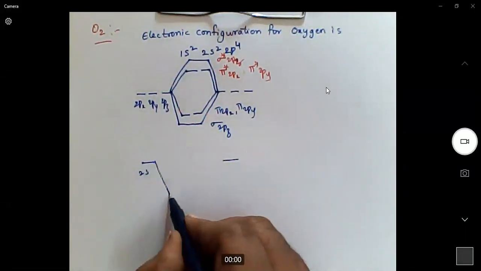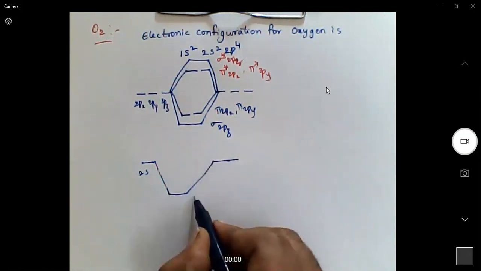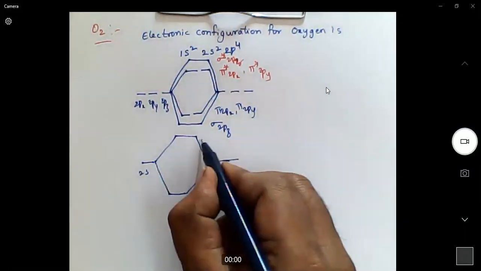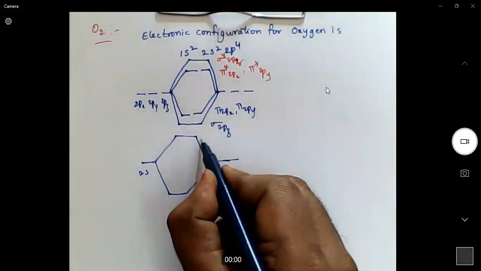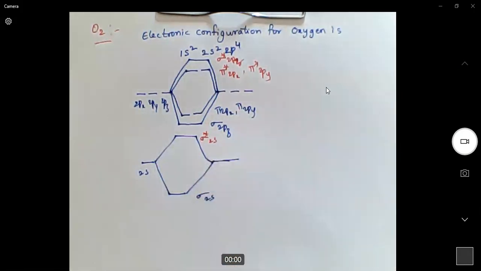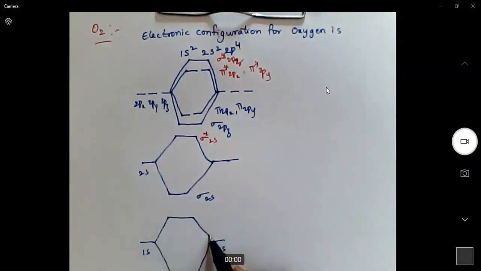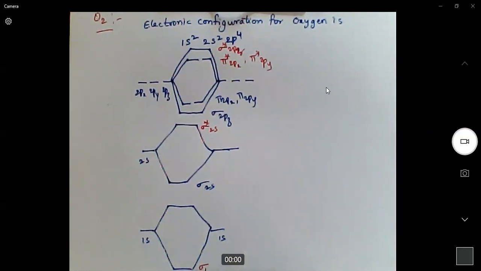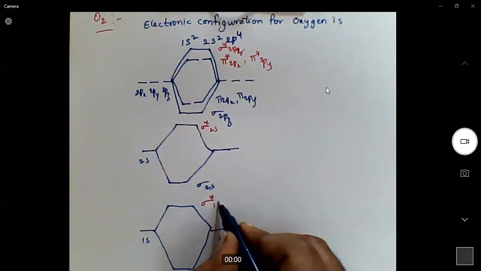So we will get sigma 2s and sigma star 2s. And below we also have 1s orbital. So we will get sigma 1s, sigma star 1s.